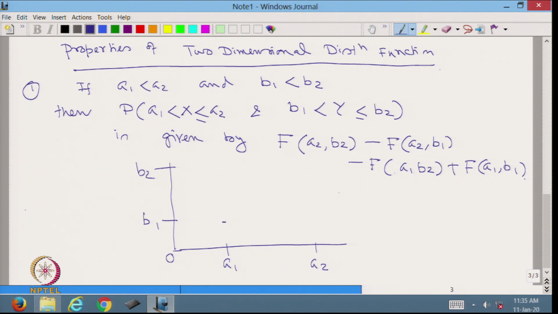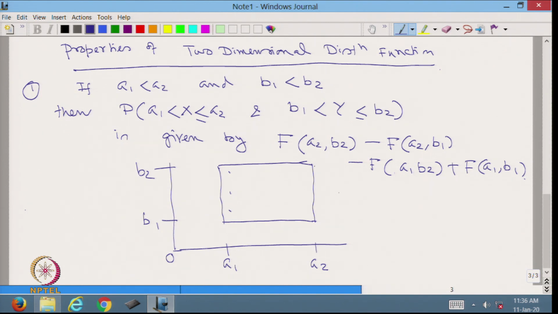Then effectively the event A1 less than x less than A2 and B1 less than y less than or equal to B2 is going to be the probability that x and y together lie in this rectangle.